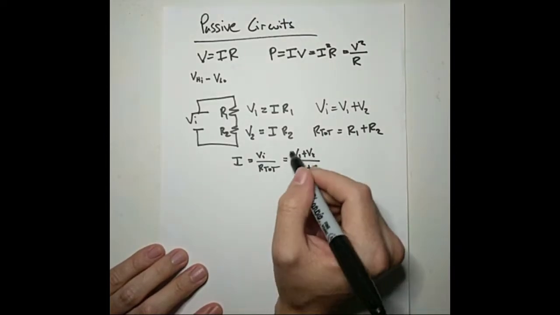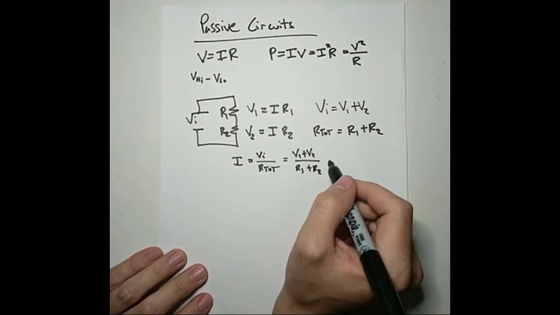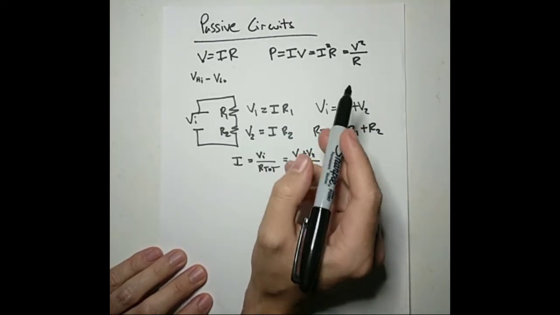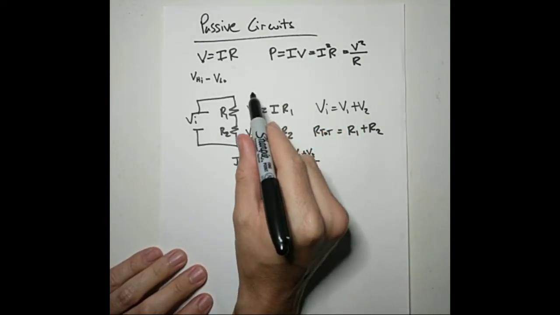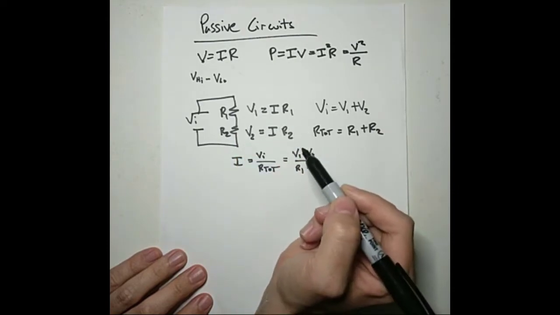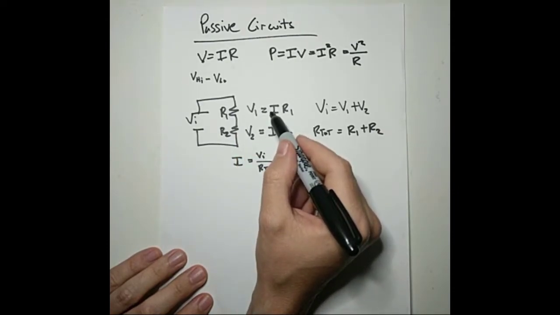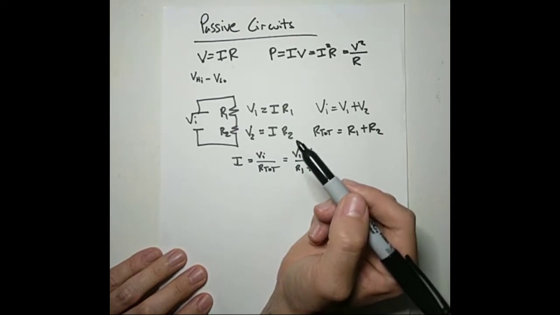This is going to be useful to find equations where we can find either a voltage drop or a resistance without actually needing to take the in-between step of calculating the current.